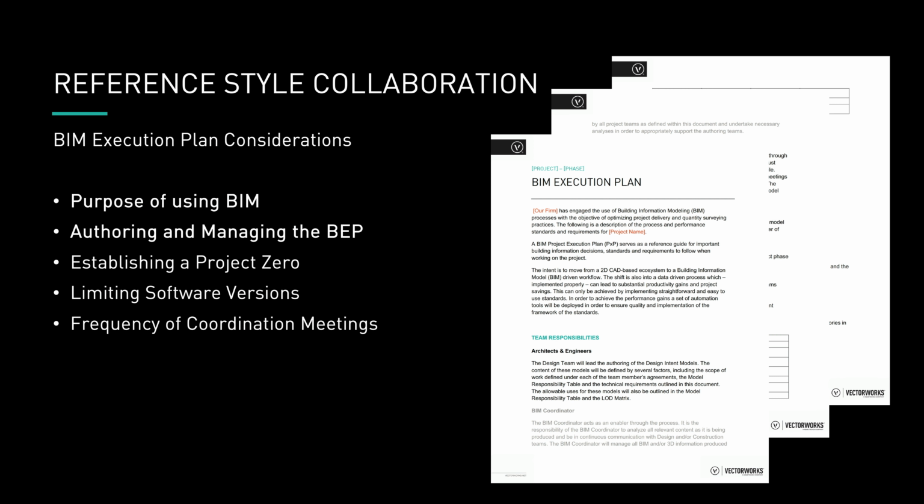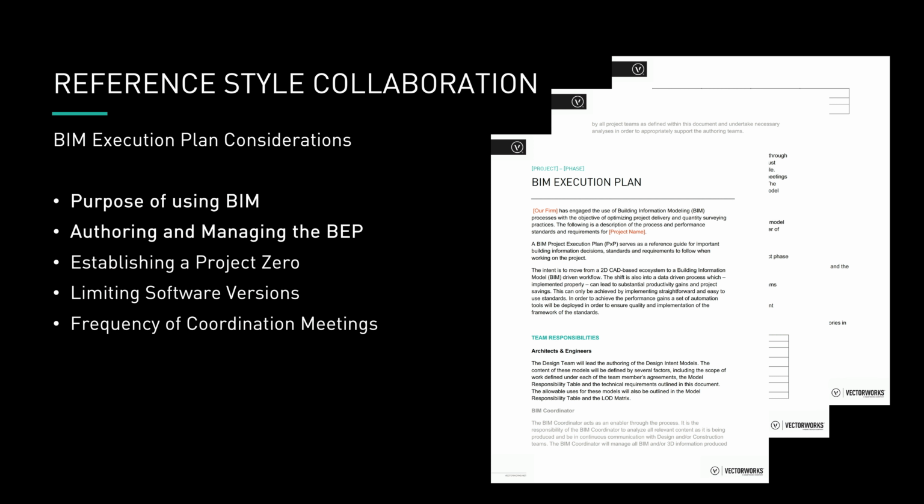If it's because you want more coordination and you want to be competitive with other firms, then that is worth stating in the BEP as well. I recommend that the BEP is created by you, the architect, as architects usually take on the project management role anyway, and the project usually begins with the architect.